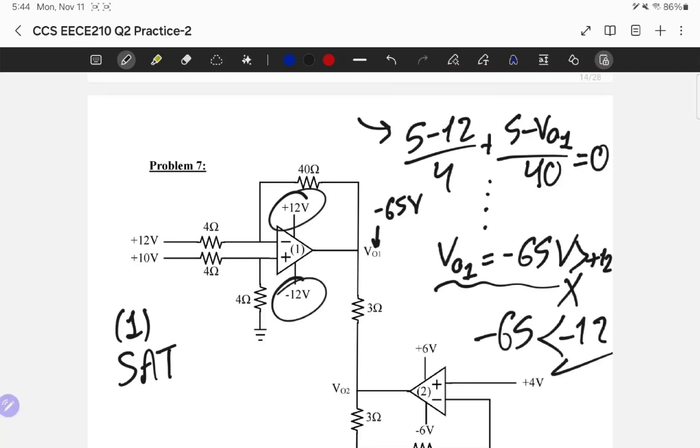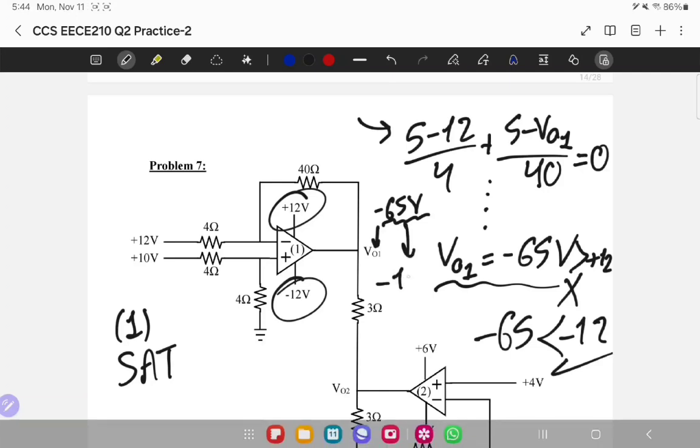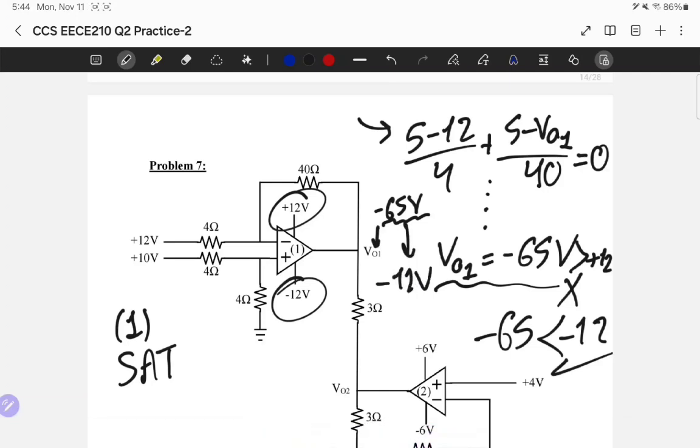So is it legal for me to have minus 65 volt? I'm asking too much from the operational amplifier. Like the limit of the op amp is 12, but I'm asking it for 65, which is impossible. So the value I calculated in here, which is minus 65, I'm going to roll it back into minus 12. So minus 12. But I know deep down in my heart that the first op amp is saturated.